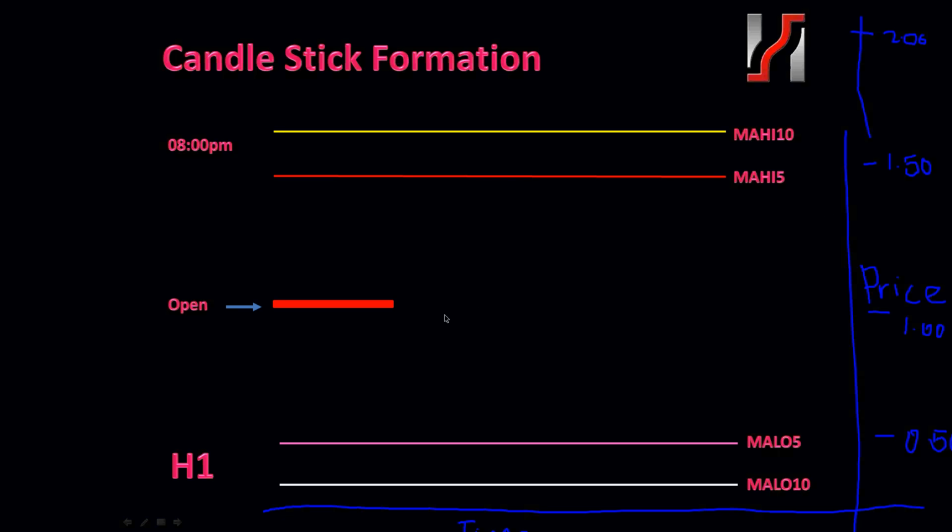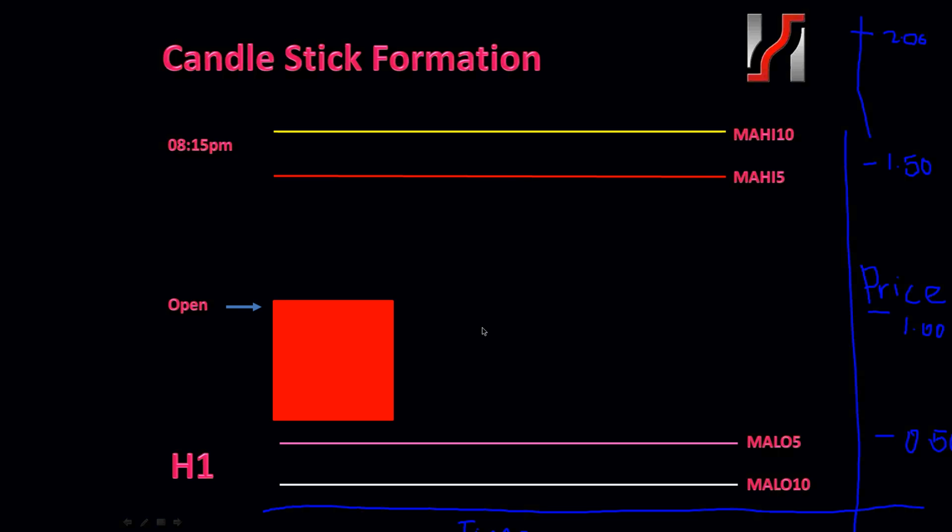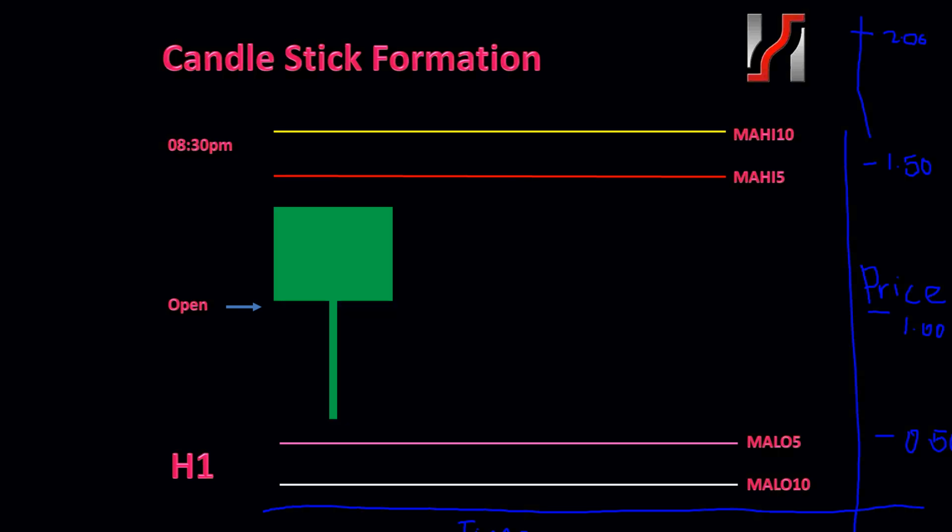Let's say the candle opens at 8 p.m. at exactly a price of $1. After 15 minutes, at 8:15, the price went down, let's say about 50 cents. Then another 15 minutes passed by, and the price went up to about 75 cents.